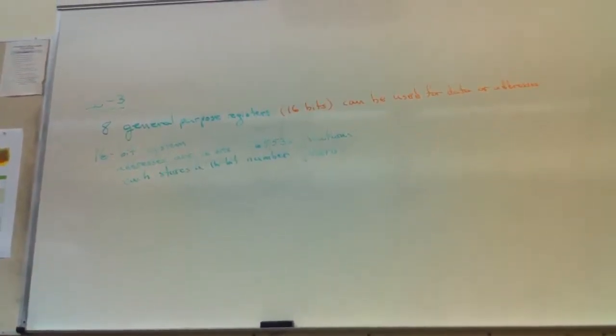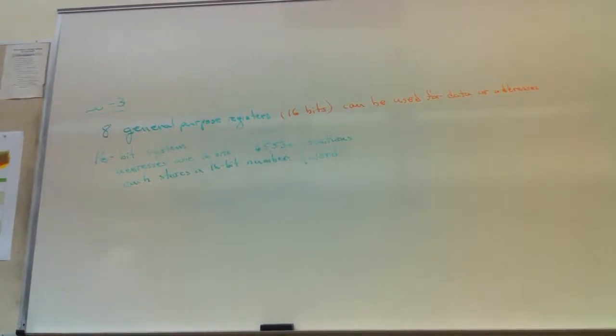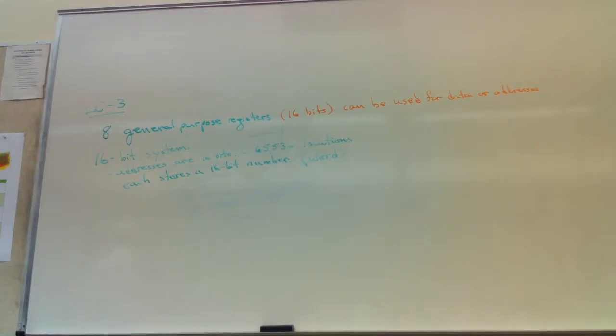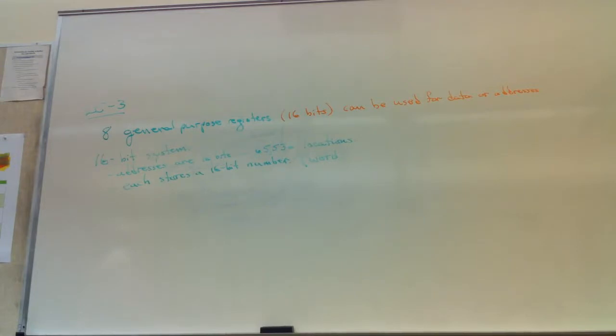Intel's biggest competitor back in the early days of things was Motorola, with the 68,000. It had 16 registers. 8 of them could be used for data, and the other 8 could only be used for addresses, and vice versa. If you wanted to use a register to get into a particular location in memory, you could not use a data register to do it.